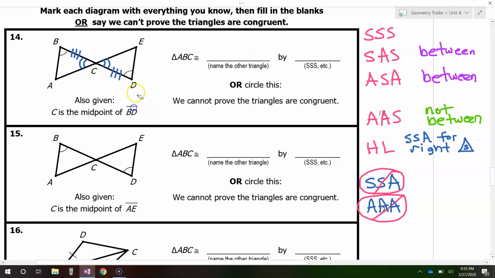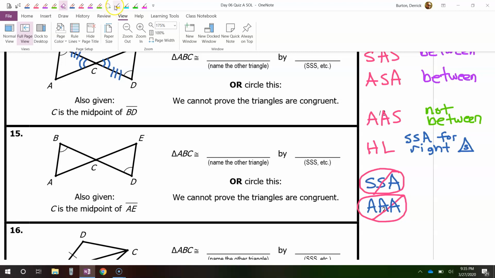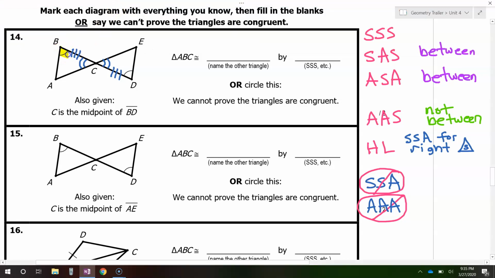So now, if I focus on one triangle at a time, so for example, just focus your eyes on this triangle for now. Can you see that we have two angles and a side that are marked? Two angles and a side. So that means it's either going to be this option or this option. The question is between.